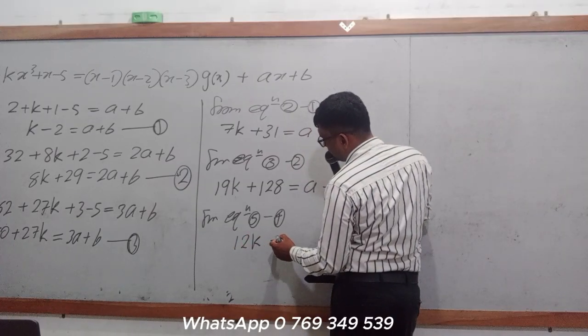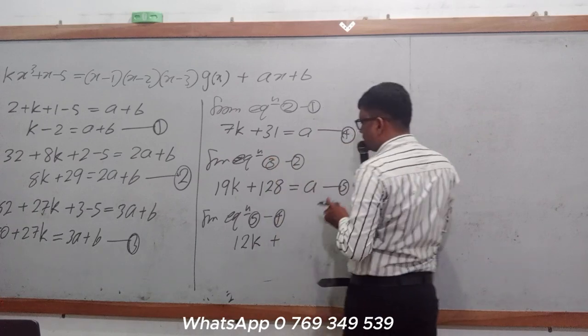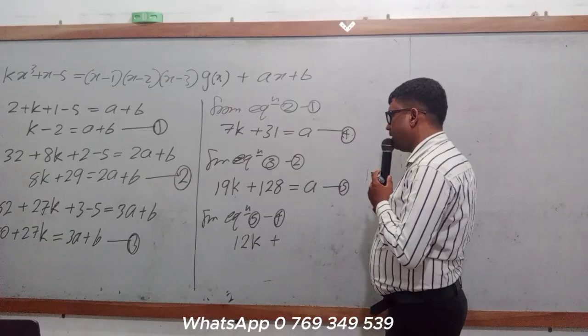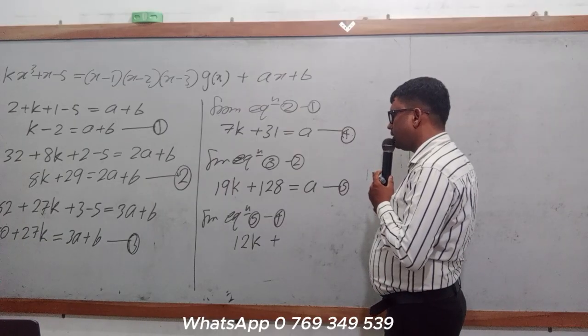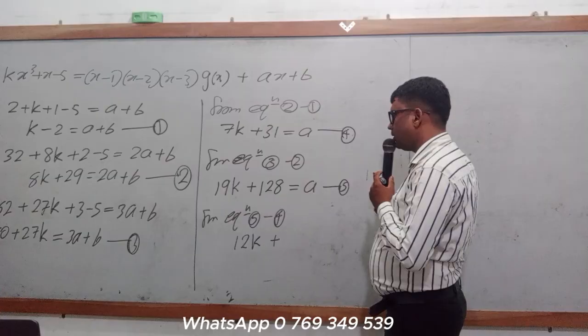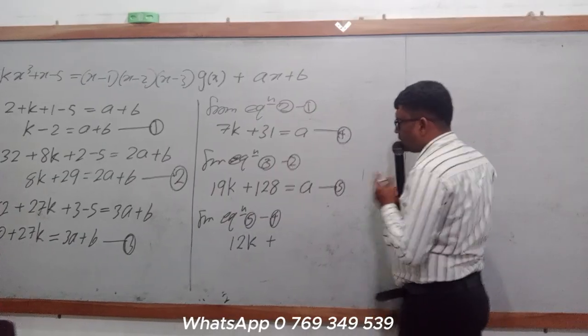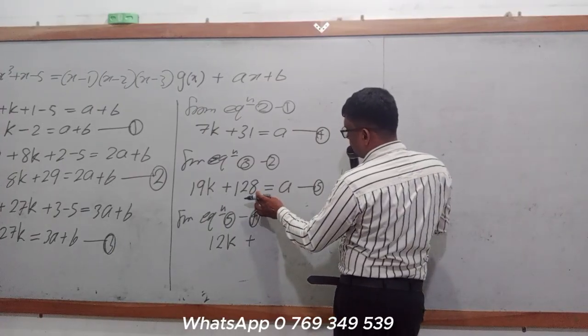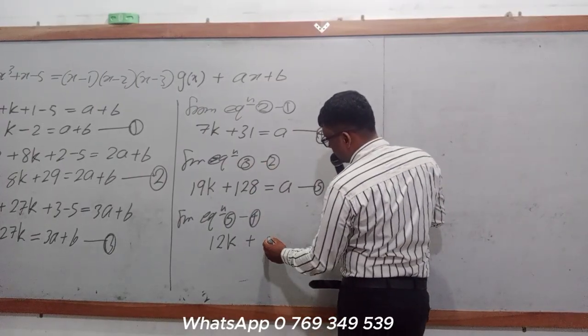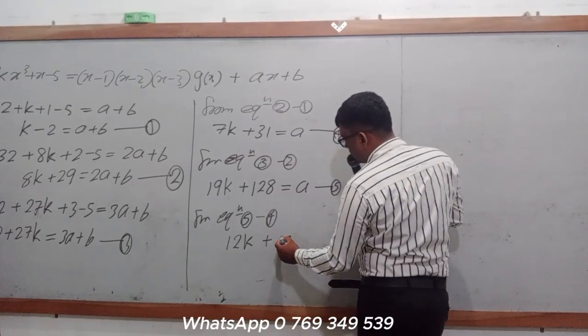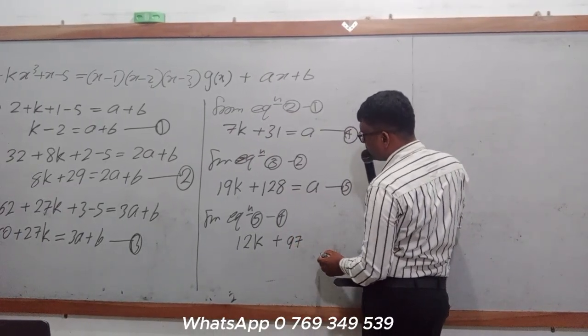And here 128 minus 31 is 8 minus 1 is 7. 12 minus 3 is 9, no?